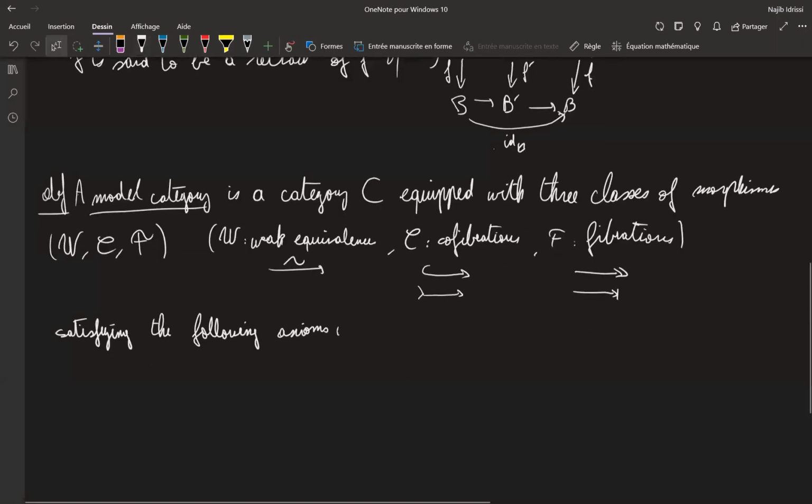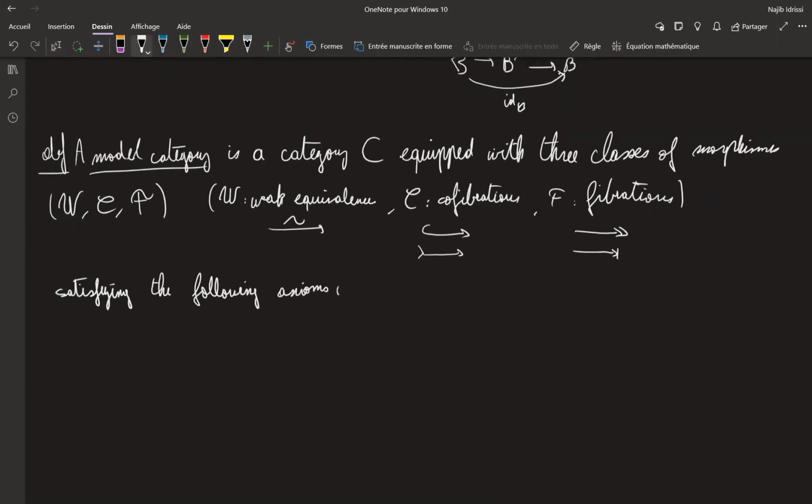right? So the axioms are typically numbered from 1 to 5, MC1, MC2, and so on.